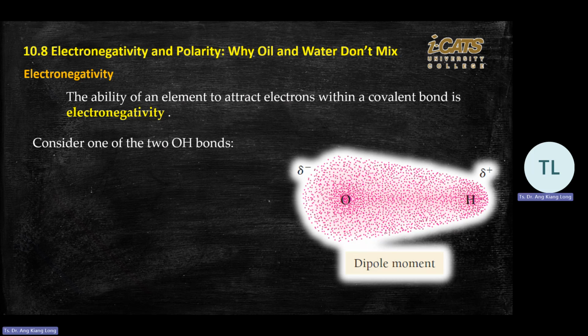It's easier to let go of electrons if you are in group 1, 2, 3. On the left of the periodic table, it's easier to give electrons. So hydrogen is very easy to give electrons, which means its tendency is to become positively charged.